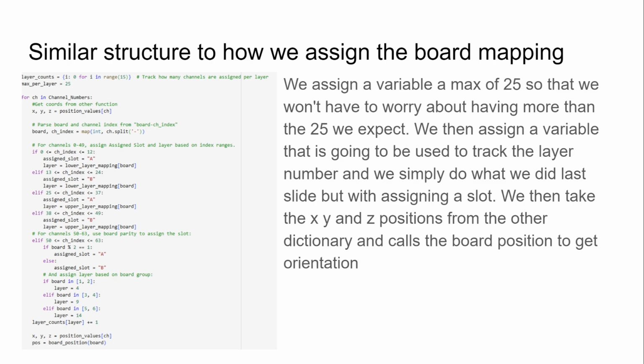We then also, towards the end, count layer counts layer, which counts the amount of layers. So when it does hit the max value of 25, it stops this entire loop. We then get our XYZ position values from the dictionary in our previous slide, and we then get our orientation that we were given from the previous slide as well.